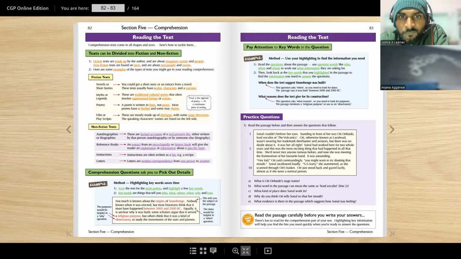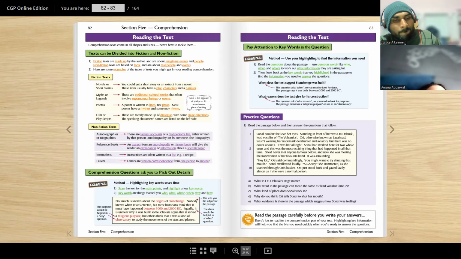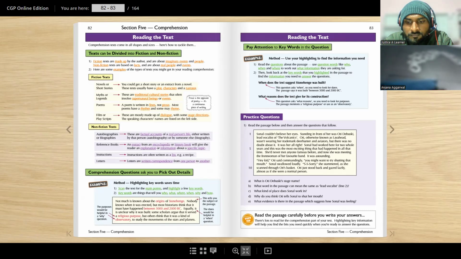Films or play scripts. These are mostly made up of dialogue with some stage directions. The speaking characters' names are listed on the left-hand side. Non-fiction texts. Autobiographies or biographies.